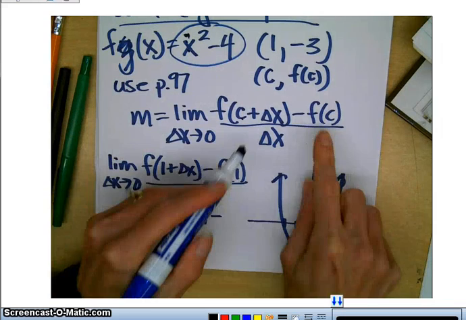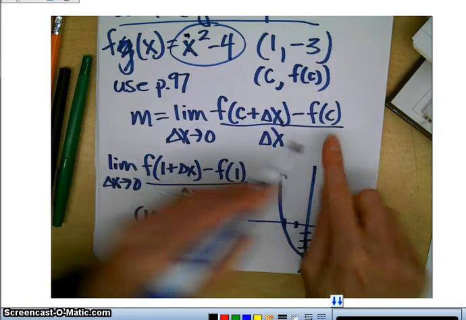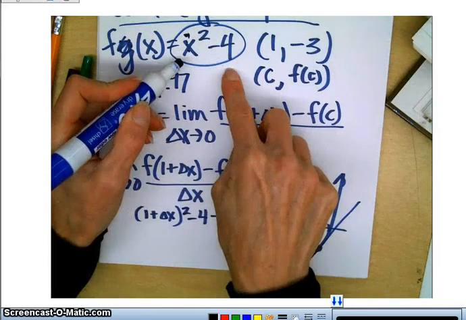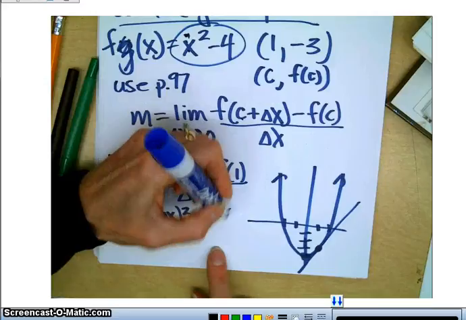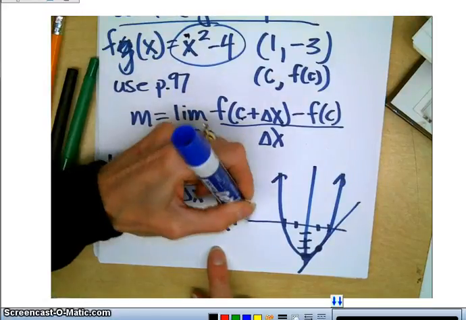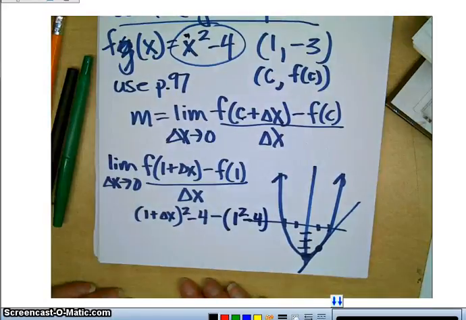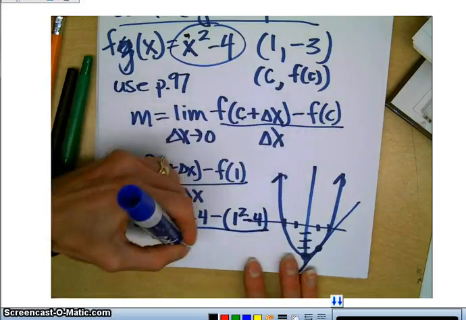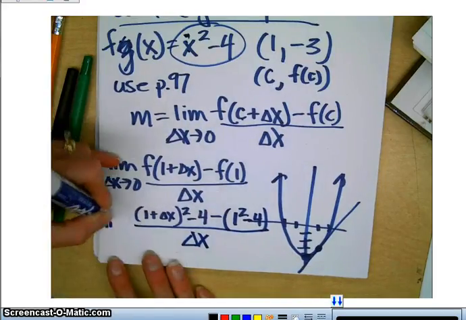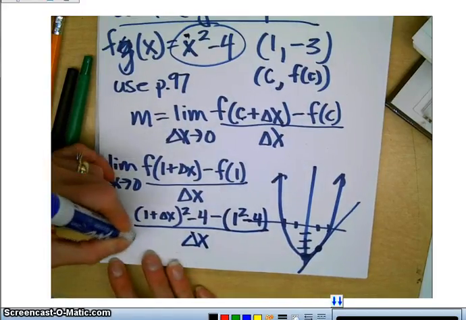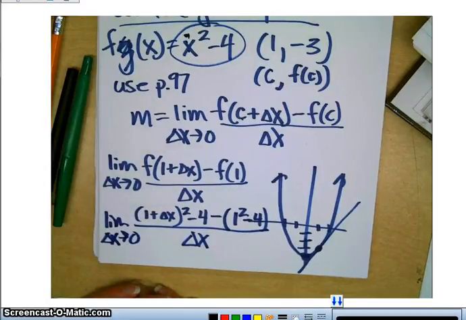Always. I plug c plus delta x and c into the function I'm given. So now I'm going to subtract from it 1 squared minus 4. And it's so important that it's in parentheses. Then I'm going to divide the whole thing by delta x and find the limit as delta x goes to 0. Don't worry, you'll see more of these today. This isn't the only one.